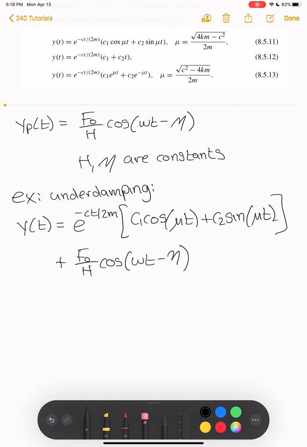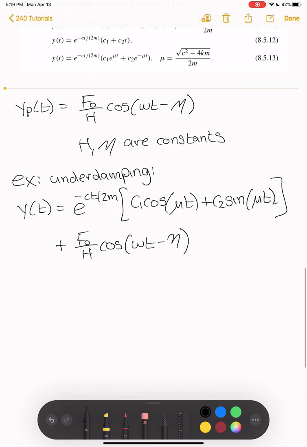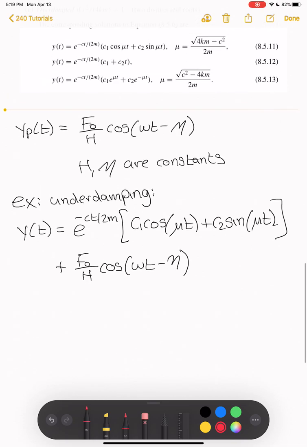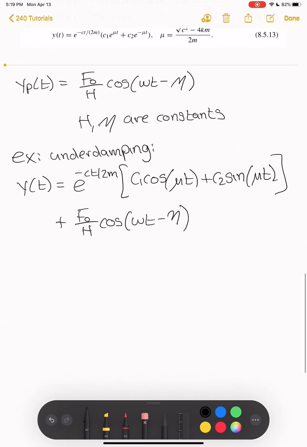There's just one more thing I want to point out here, and I know it's taking a while to get to this point. Let's look at what happens as time goes on. This term will be bounded by C1, and this term will be bounded by C2.